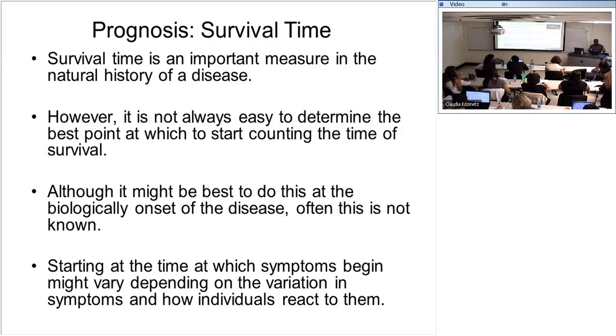We want to see that if somebody gets disease A, how long will the person live until the person dies? The best measure would have been the day that the disease started, so the day that you die or you get cured from the disease.